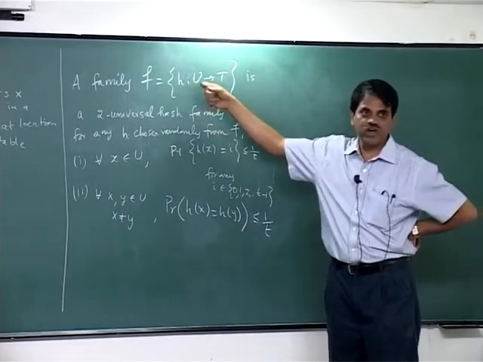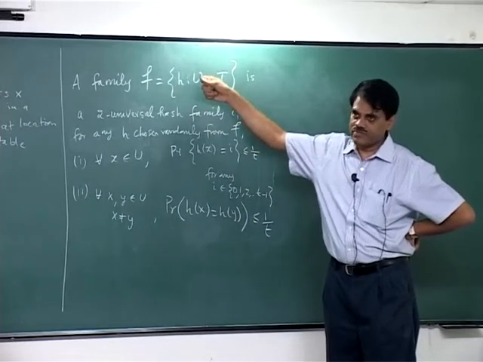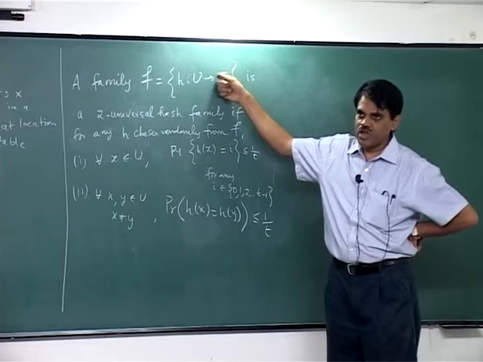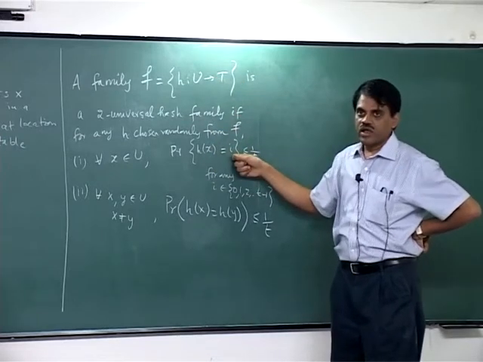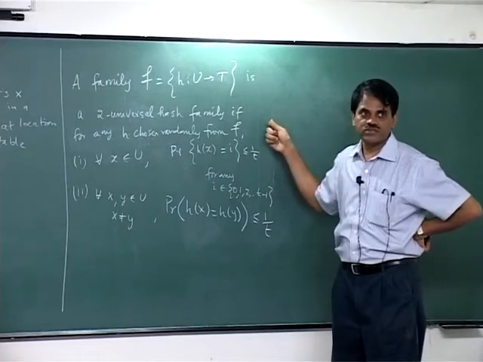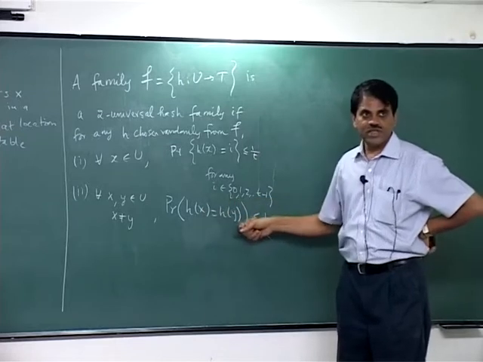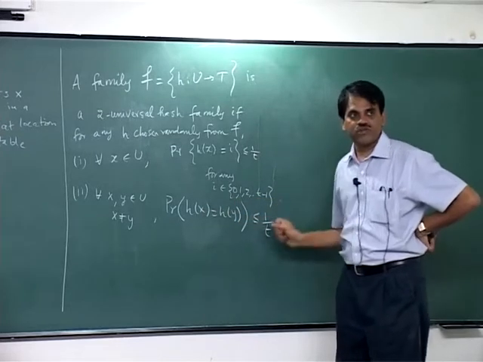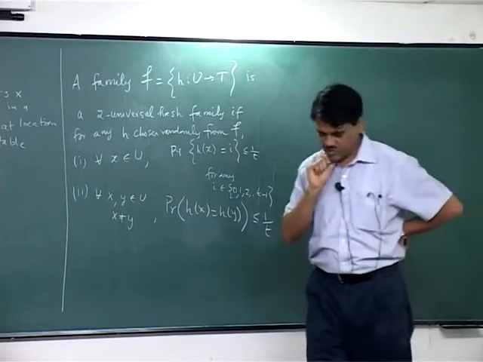Each one is a function which maps somebody in the universe to some location in the table. Look at how many functions map h of x to i. That's supposed to be 1 over T of the total number of functions. Similarly, look at how many functions do the pairwise collision. That's at most 1 over T times the total number of functions. In fact, that's the way we will prove it.